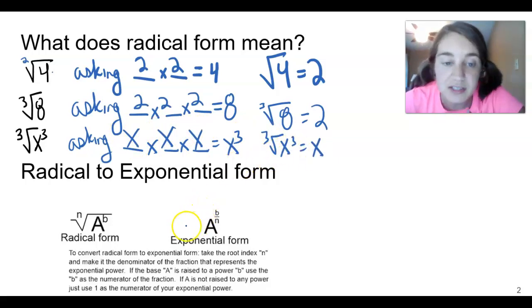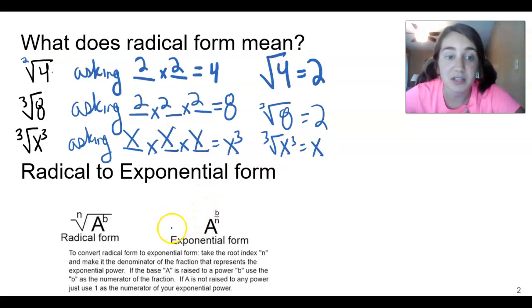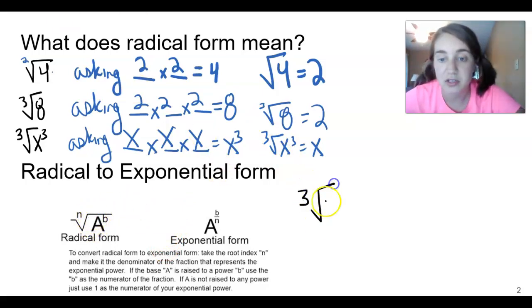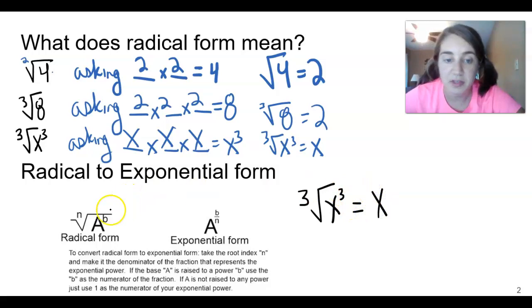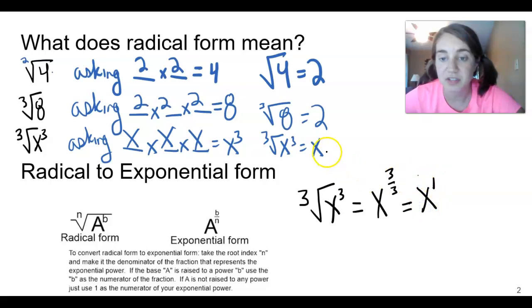One way to think of this is going in between exponential form and radical form. So let's take our cube root of x to the third. If we were to rewrite that, that becomes 3 over 3, or just x to the first, which matches what we got there.